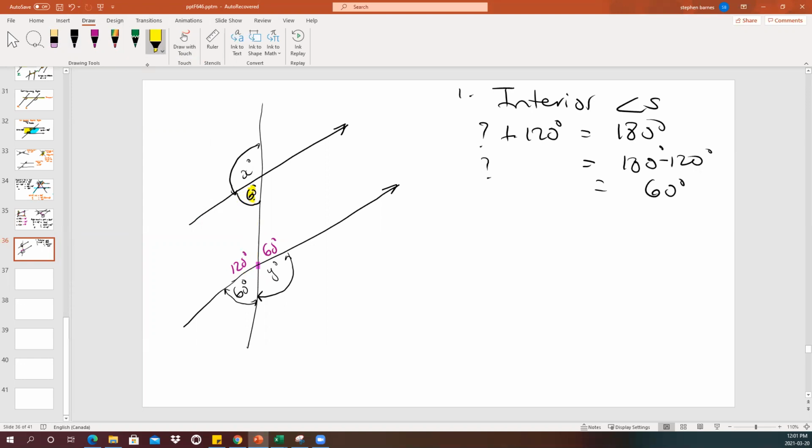And once you have the 60 degree, you can then just say that these angles are on a straight line.